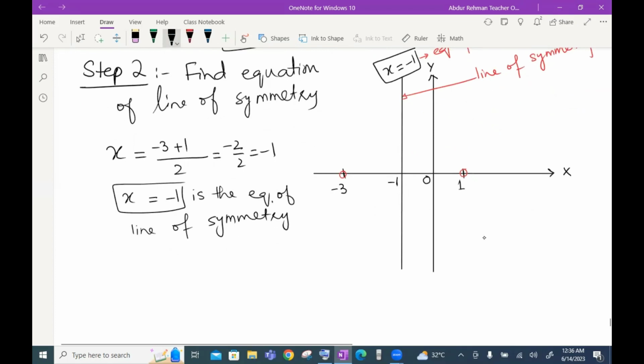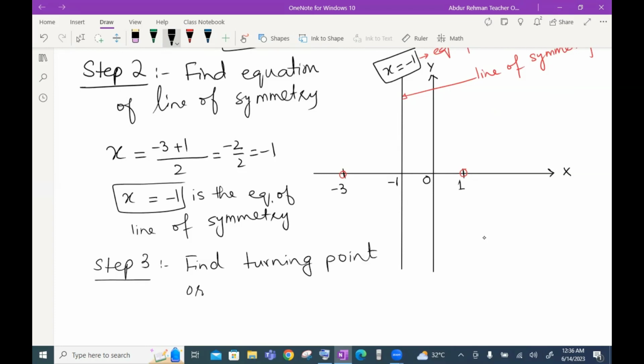So step number 3: find the turning point, or we can say the stationary point, or we can say the vertex, the coordinates of the vertex.